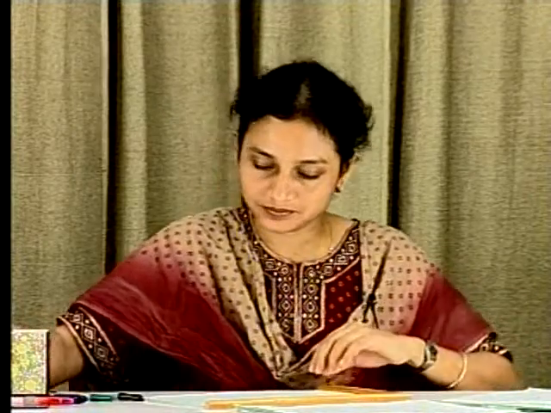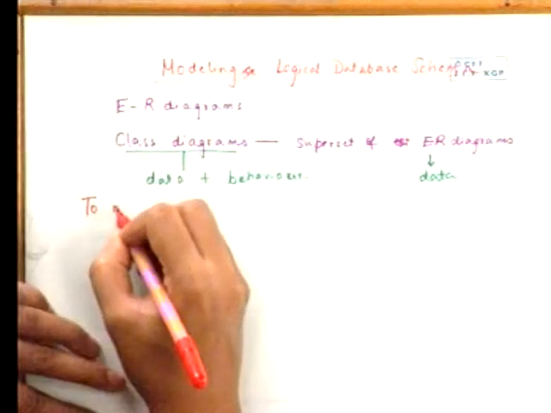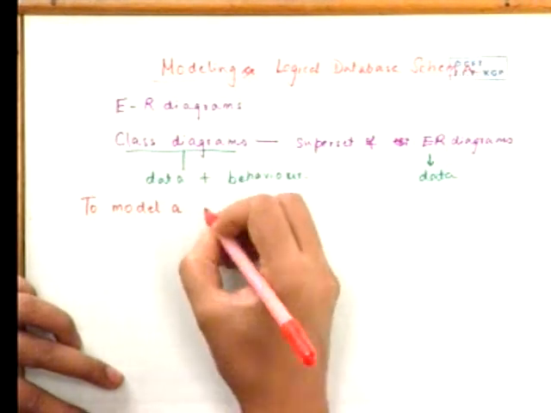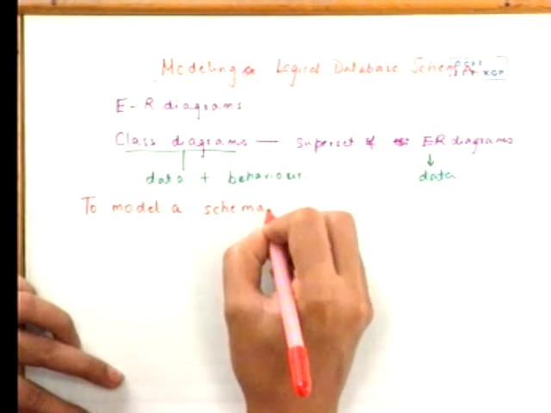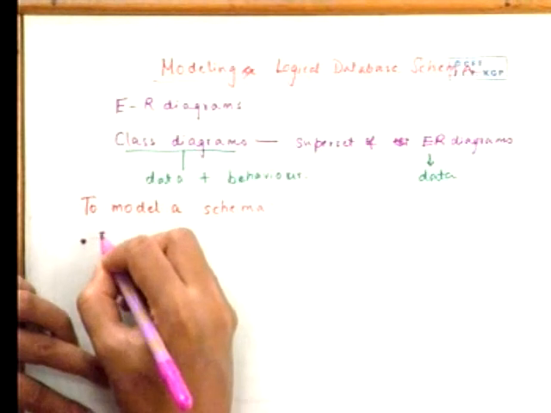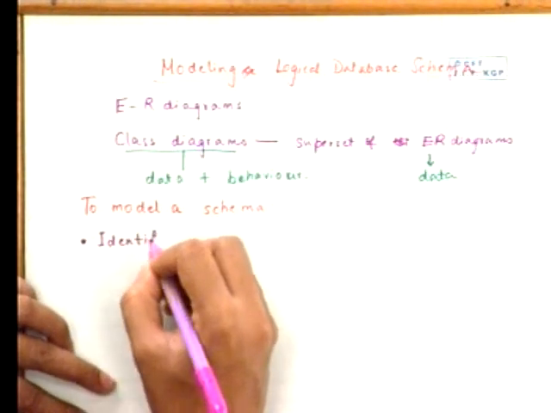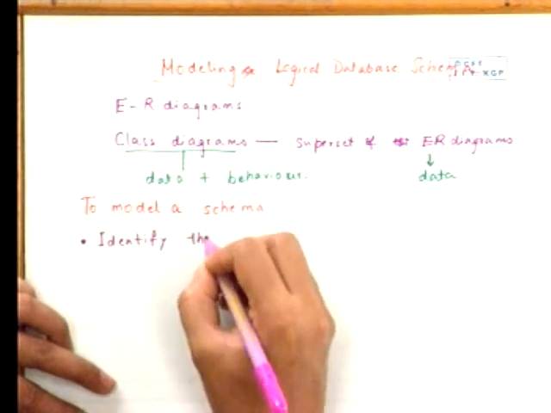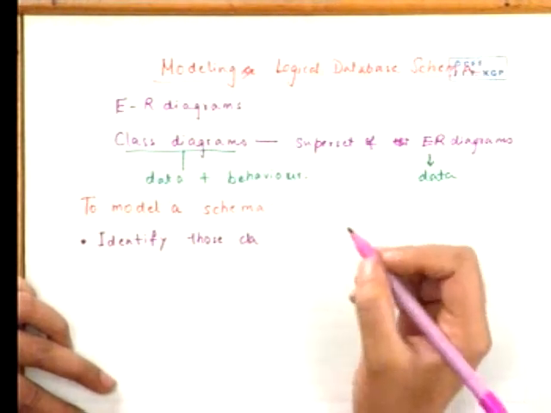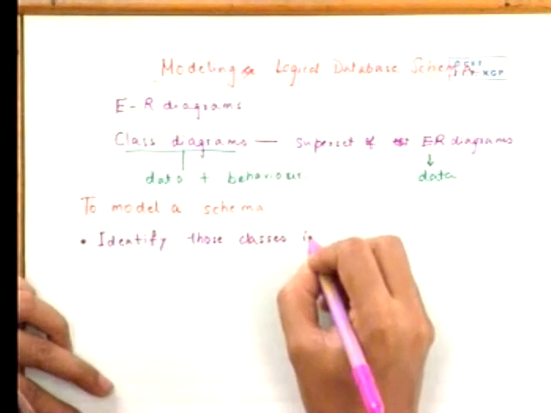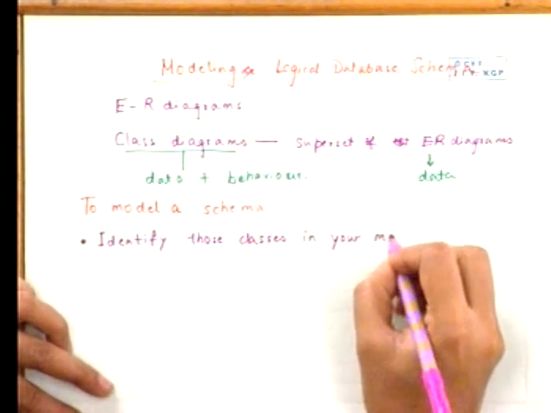Now, we give some steps of modeling a database schema from the description of the problem. So there are several steps involved in modeling a schema. First, you need to identify those classes in your model whose state must transcend the lifetime of the application.